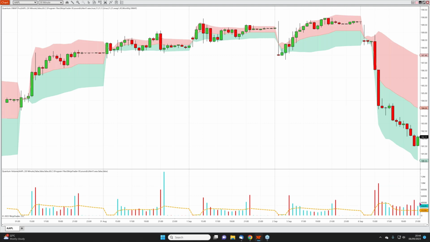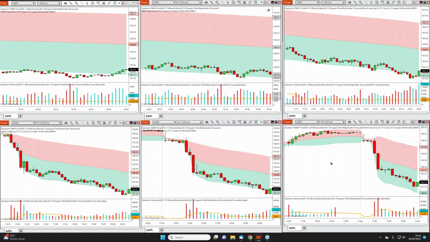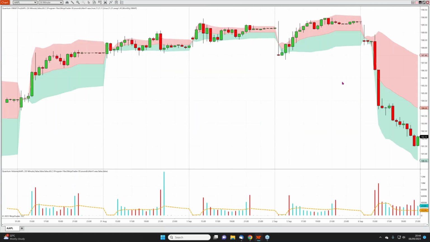And it's a 5-in-1 indicator. So let's just drop that back down there. In fact, no, let's leave that up. It's easier to show you full size. There we go. This is a 5-in-1 indicator, and if you're not familiar with what the VWAP is, it's the volume weighted average price.